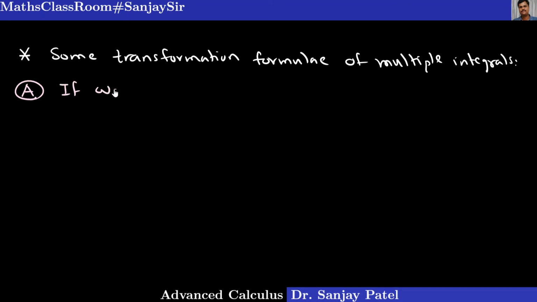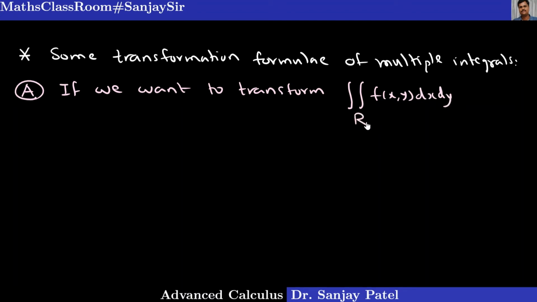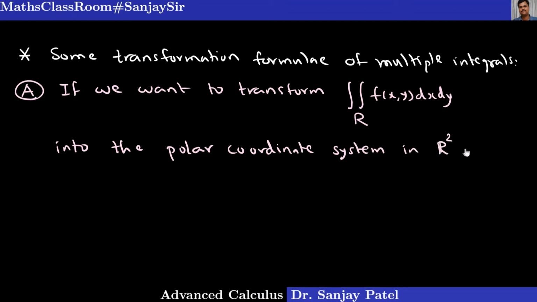If we want to transform the double integral of f of x comma y dx dy over a region R into the polar coordinate system in R2, then we can use the relation between the Cartesian and the polar coordinates.